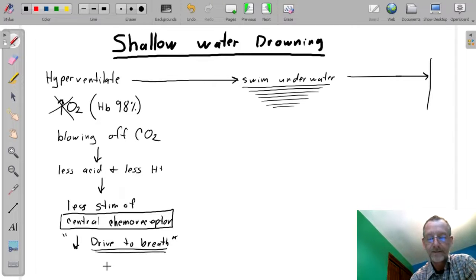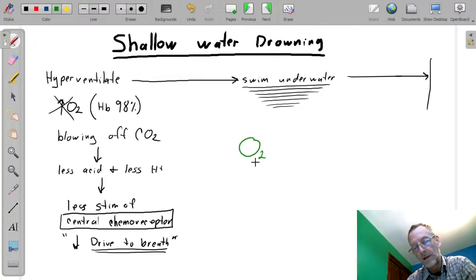There's no drive. Meanwhile, what's happening to the oxygen level? We start out at 98% saturated. Well, as we're swimming underwater, the oxygen level is going down. It's getting lower and lower and lower. Unfortunately, we got to the other end of the pool and popped up.